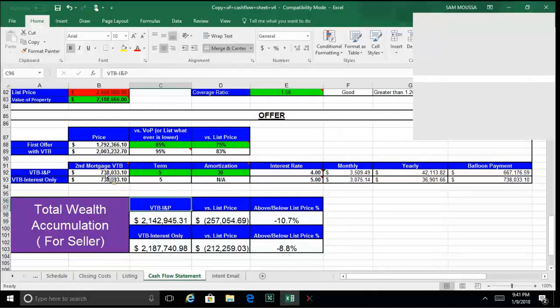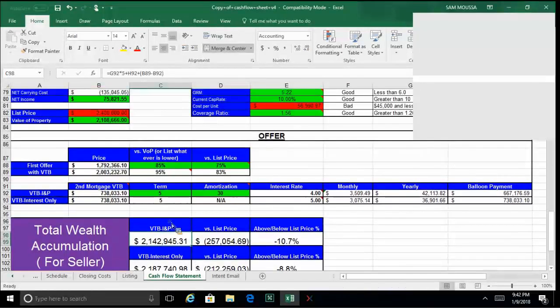What this tells us is that with the VTB, interest and principal, the total we're going to pay is $2,142,945.31 versus the list price. We're only reducing it by 10% from what they actually wanted for the property.